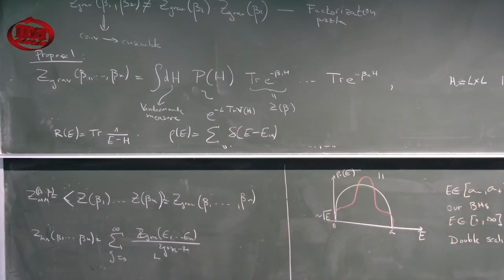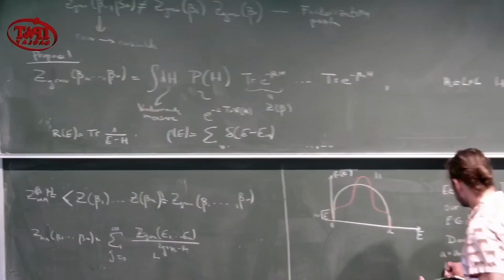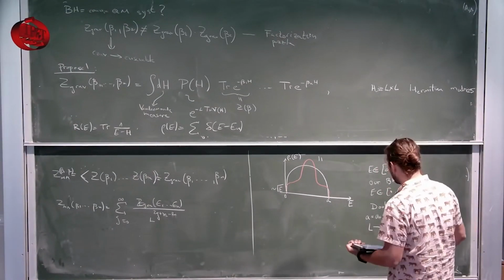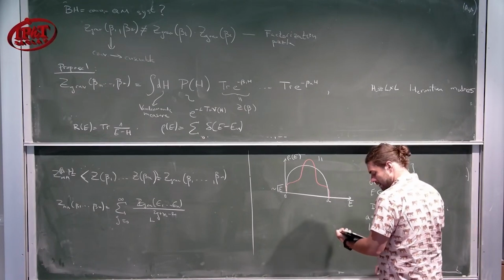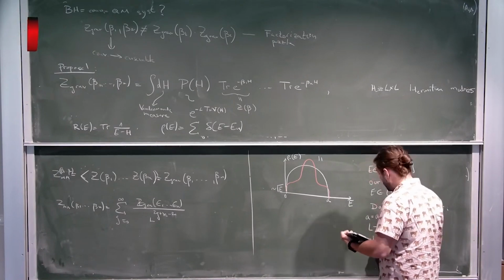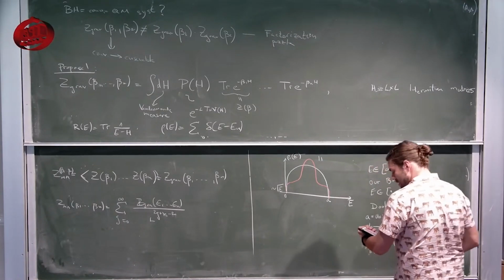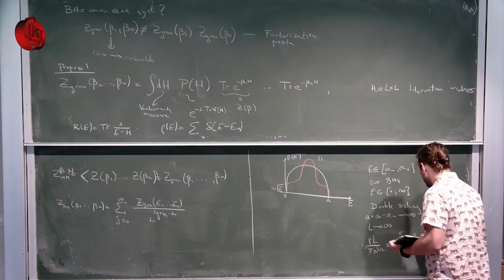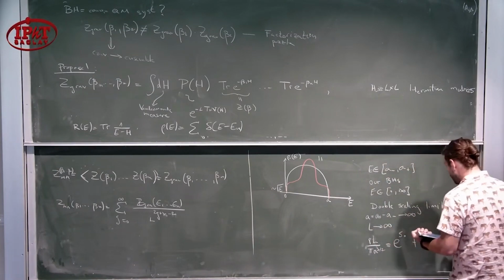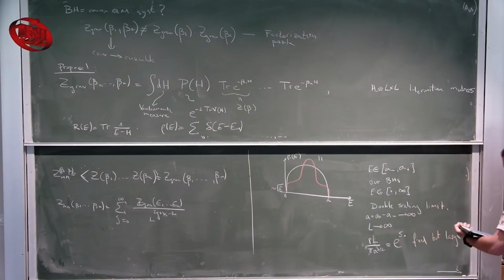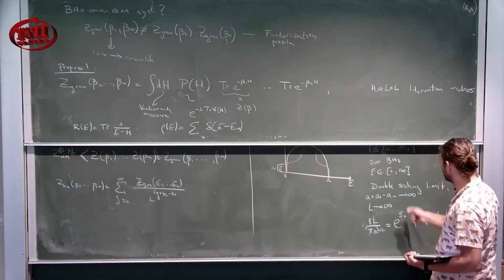We can tune A plus minus A minus, which we call A, to go to infinity, while at the same time taking L, the size of the matrix, to go to infinity, while keeping L over pi times A to the 3/2, which we'll call e to the S naught, fixed and finite. So in this expansion, this is called the double scaling limit.